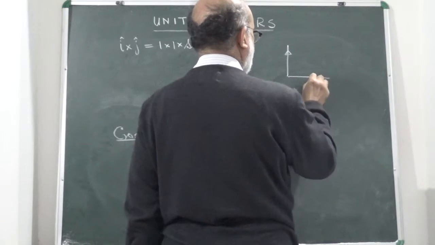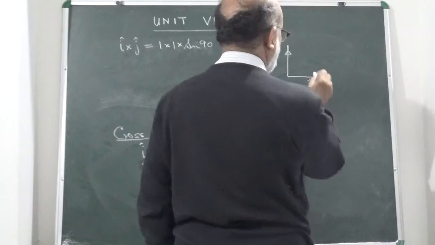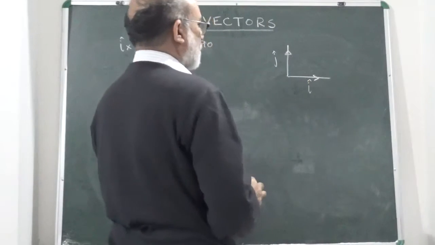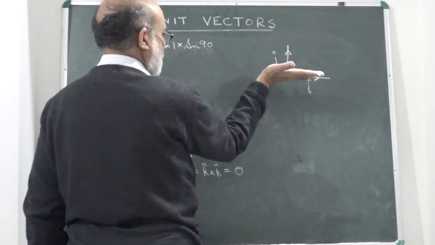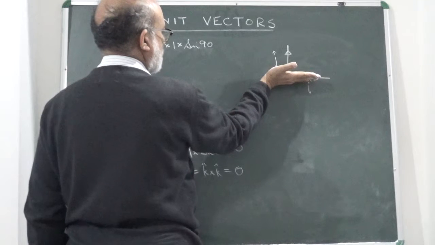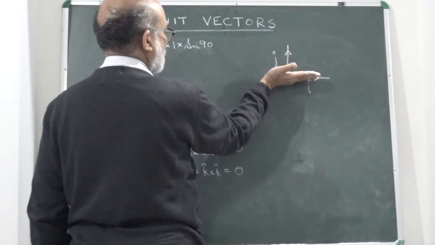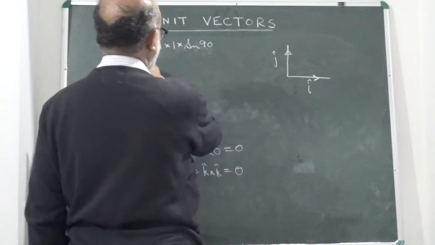So if this is unit vector i, this is unit vector j, then for i cross j you have to use the right hand rule convention. Put your right palm on the first vector, rotate the fingers along the smaller angle to align along the second vector. The thumb will point in the direction of the cross product.